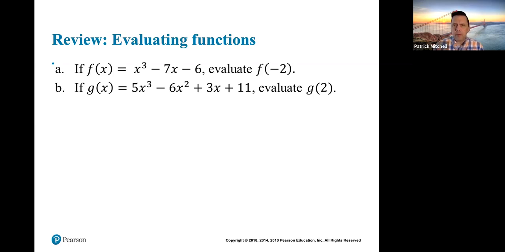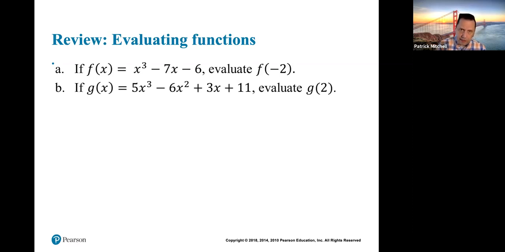Somehow this probably relates to what we've been talking about. So the first problem is if f of x is x cubed minus 7x minus 6, we want to evaluate f of negative 2. And the second problem, if g of x, sorry, I'm trying to talk about one thing and write something else.